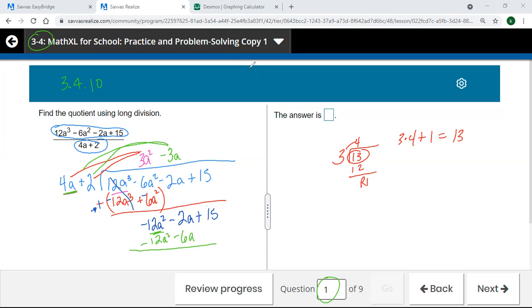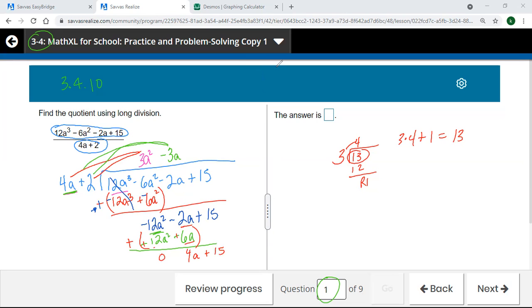And again, I'm subtracting this. But if you want to add the opposite, again, for me, I'm less likely to make mistakes when I'm doing addition instead of subtracting with more negative signs. So negative 12a squared plus 12a squared, those cancel. Negative 2a squared plus 6a, that's 4a. And then I still have this 15 also.